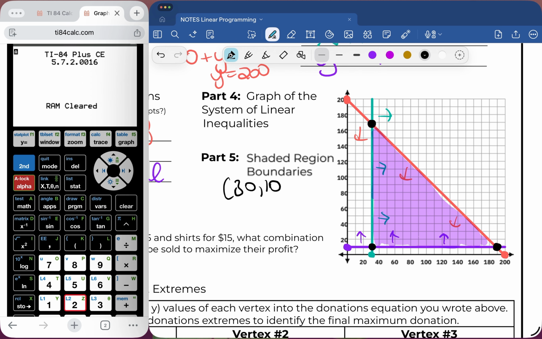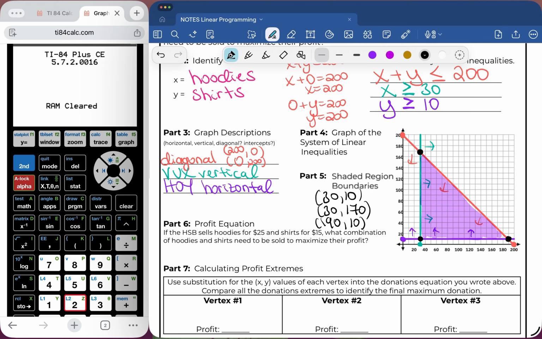I have a point at (30, 170). And then far right, what is that? (190, 10).